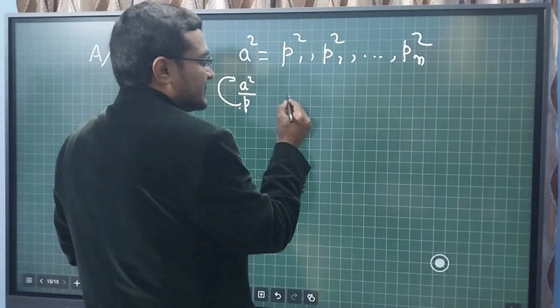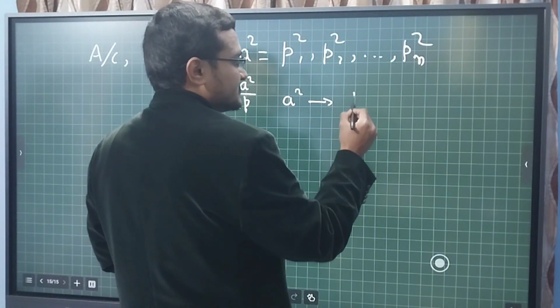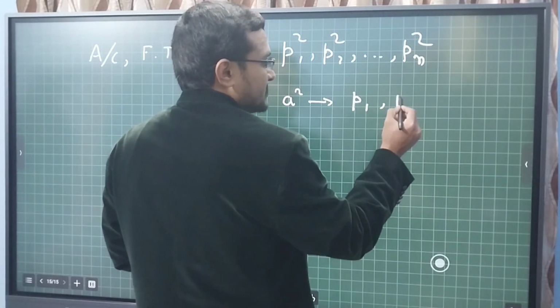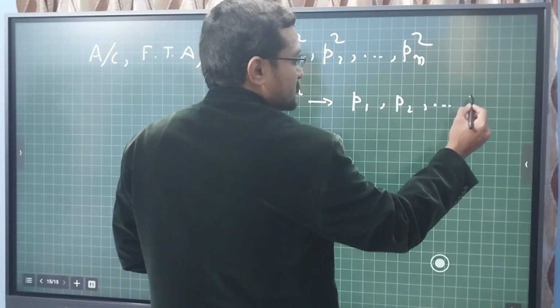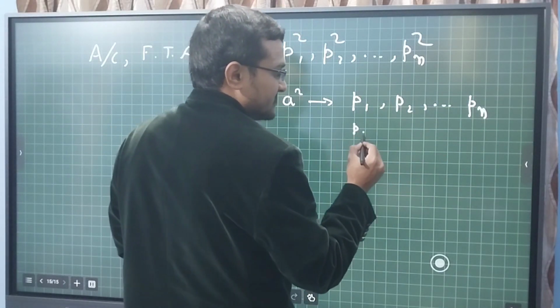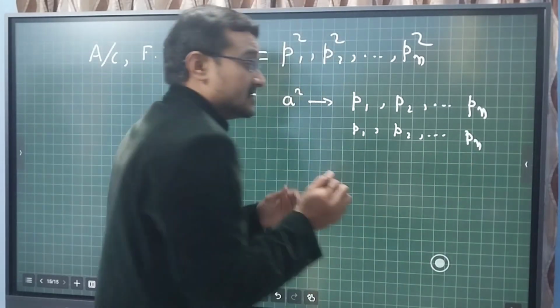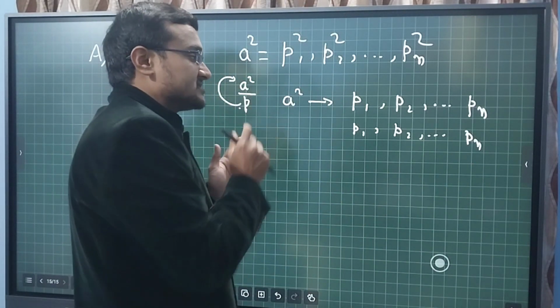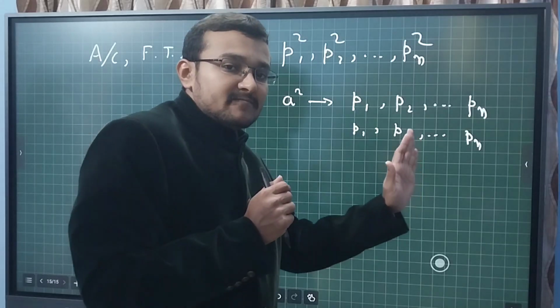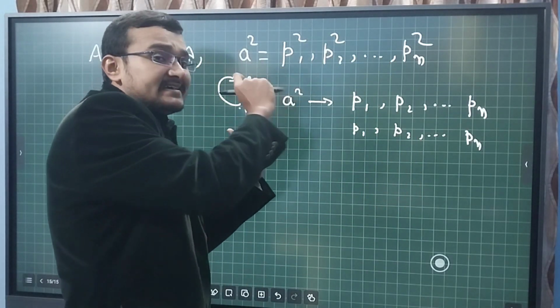So A square also has prime factors P1, P2 up to Pn, and the square of them. So the prime factors of A square are also P1, P2 up to Pn. The only thing is they are repeating 2 times because we are taking A square.